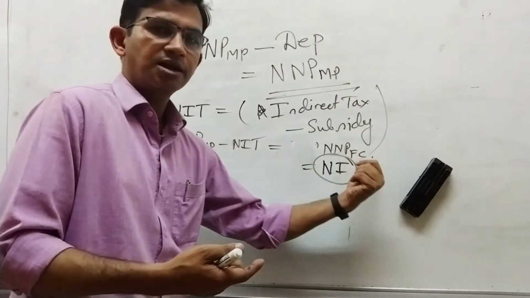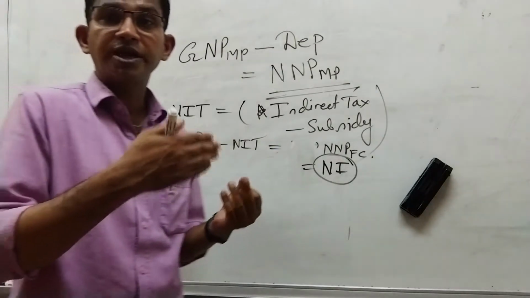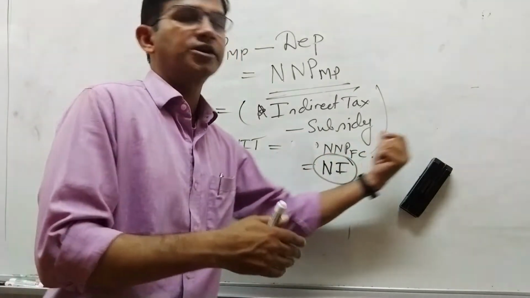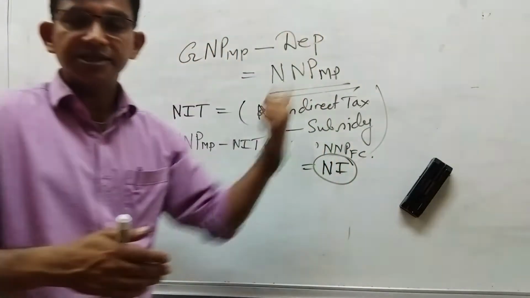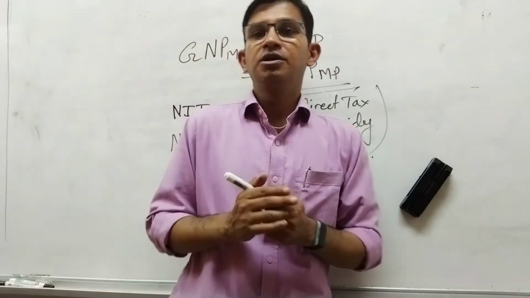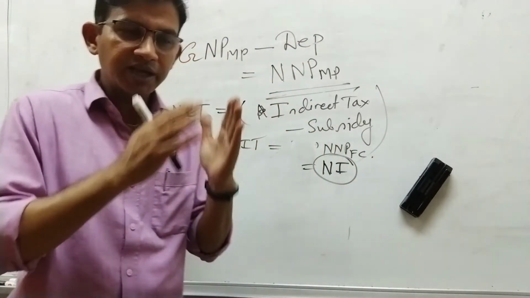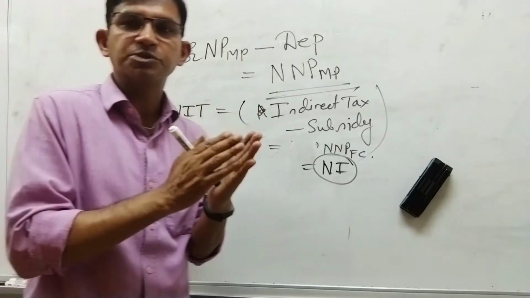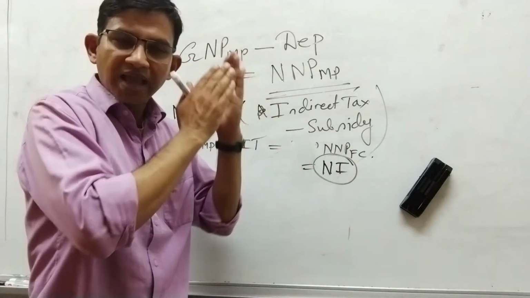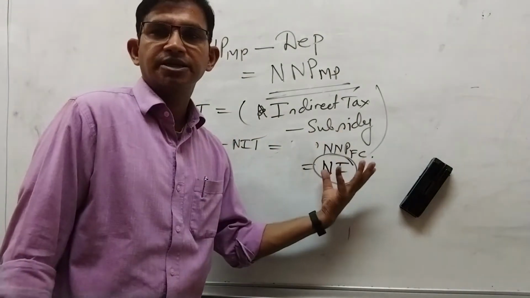So net national product at factor cost is the sum of the earnings of different factors, or better to say the sum of the incomes of different factors participating in the production process. So this is our expenditure method, in which first we calculate the different components of expenditure. In the domestic market different commodities are sold, and we categorize them into four components of expenditure: private consumption, private investment, public expenditure and net export. And from there, step by step, we find the national income.